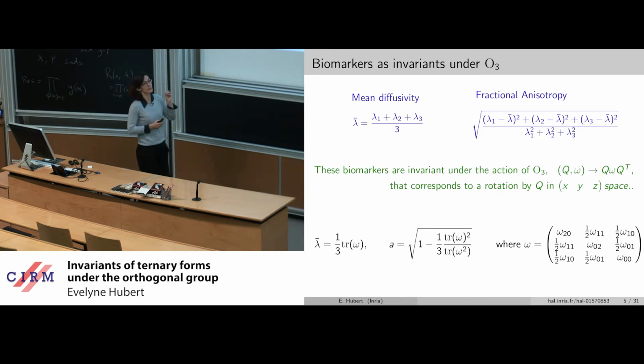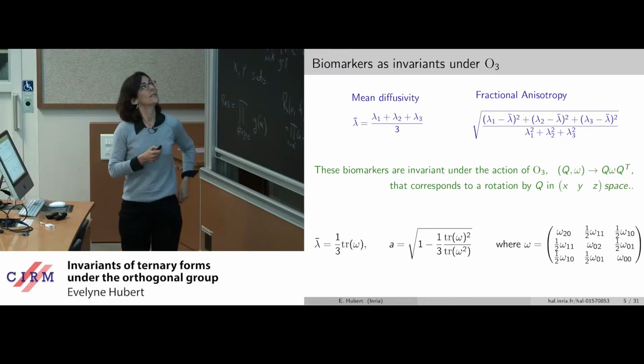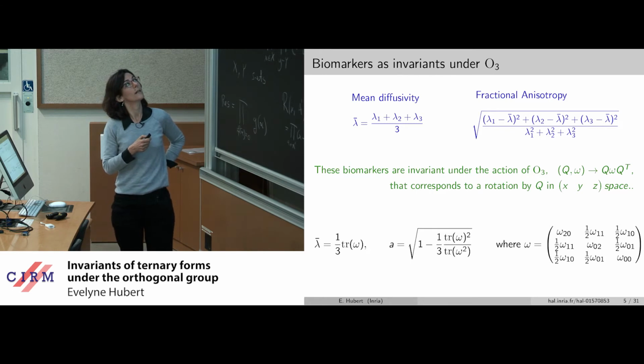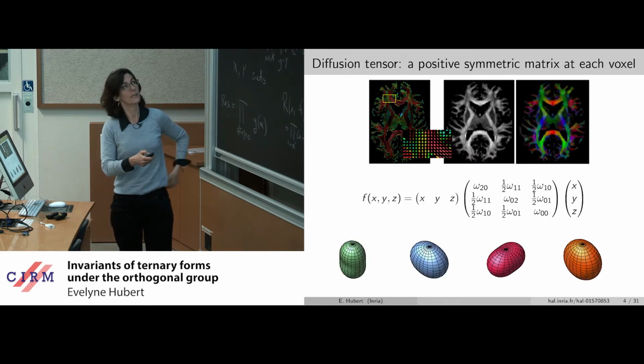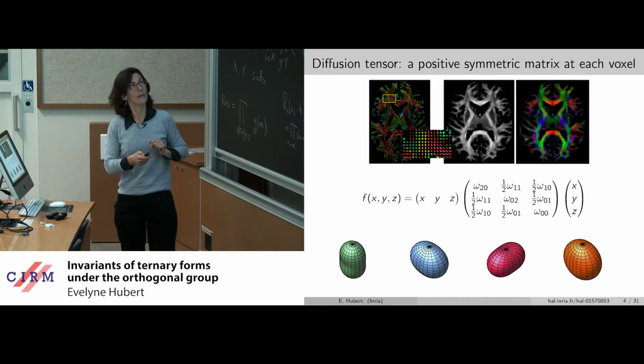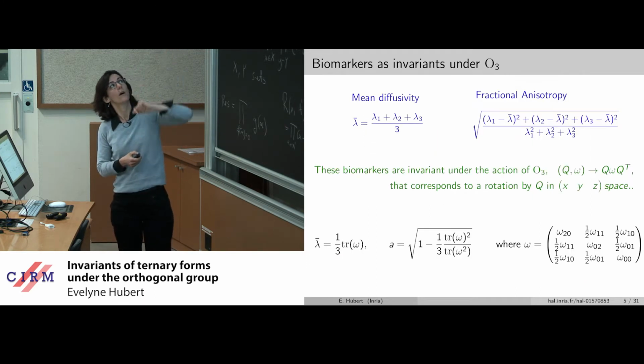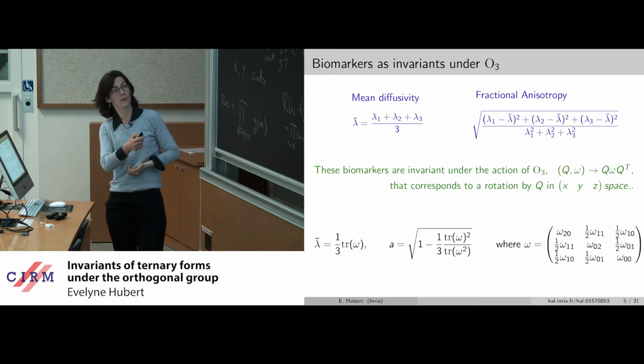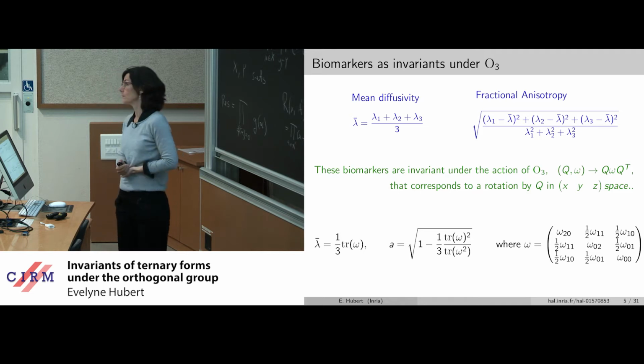And what they want to extend are these markers. For the degree 2 model, clinicians came up with markers, numerical values that they can estimate and that can help detect some problems with the fibers. Don't ask me why. If your model is this symmetric matrix, these markers are built from the sum of the eigenvalues.